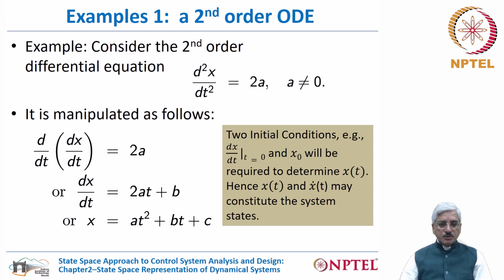The knowledge of these two is sufficient to have the solution of x with time, because a is already known. So if dx by dt at t equal to t0 and x at t equal to 0 constitute a set, then that set qualifies as the state of this system, which is described by this second order differential equation.